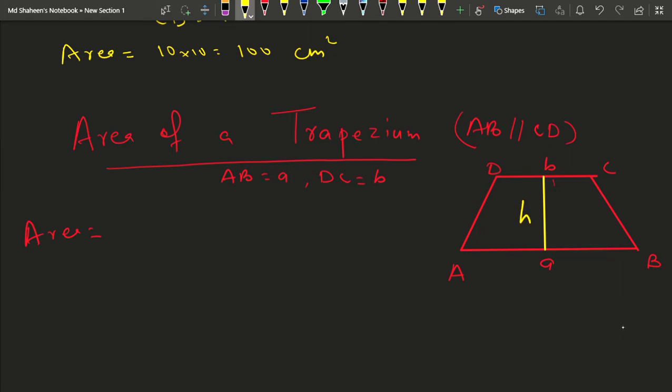So what will be the area? Its area will be half of the sum of the lengths of the two parallel lines, so half of a plus b, multiplied by h. This will be our area.